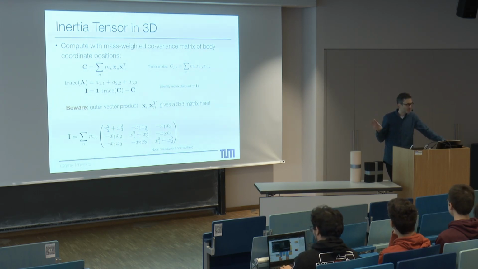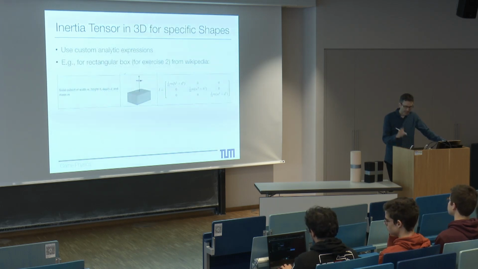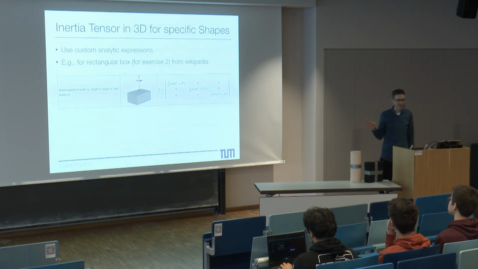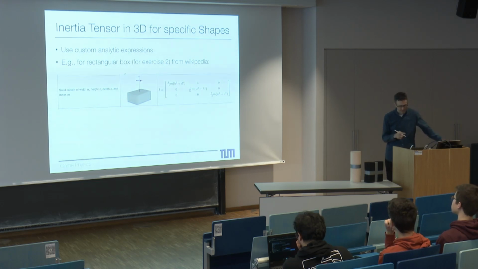That's only for the general case of really some, well, you rarely have a point cloud. Typically it's a triangle mesh, could also be a point cloud, some sampled location. If you're given something like the box for the rigid body exercise, there are actually many primitives, spheres of course, but also capsules and ellipsoids and so on. They're actually closed form solutions because the equation on the previous slide is again the discrete form of an integral.